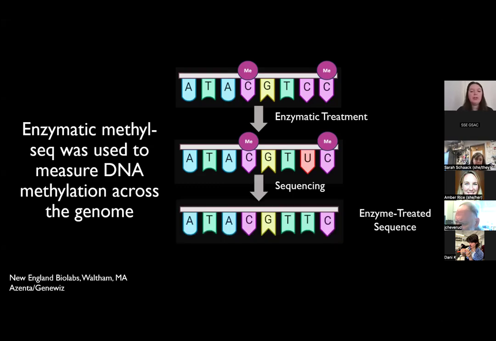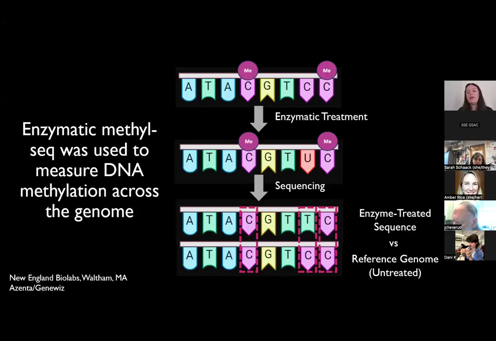And then when you sequence that enzymatic treated sequence, now that unmethylated cytosine looks like a thymine. And when you compare that to an untreated genome, or in our case, the reference genome, you're able to figure out exactly per cytosine, was it methylated and was it not? And then you're able to compare that between the 2 temperature treatments or between the 2 sexes to really get at a sense of where are differences in methylation across the entire genome.